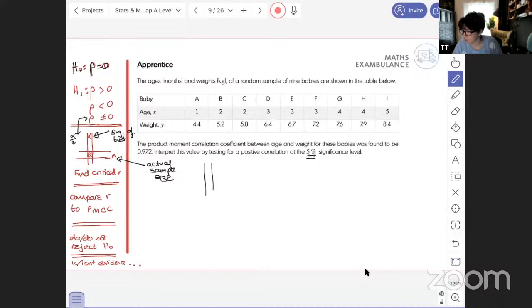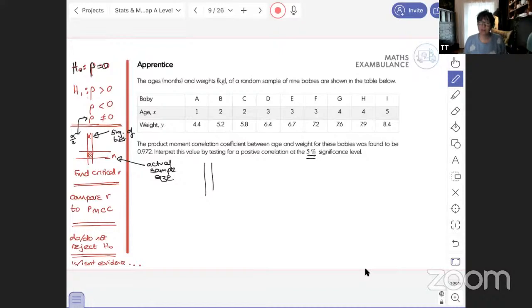Let's have a look. Do you want to do this on a Nearpod to compare your answers? Let's do it super fast, okay?